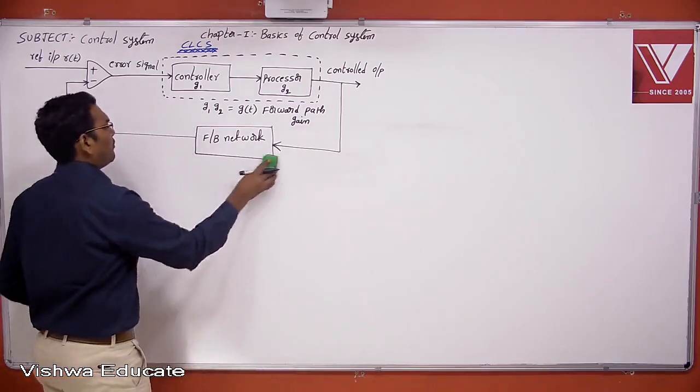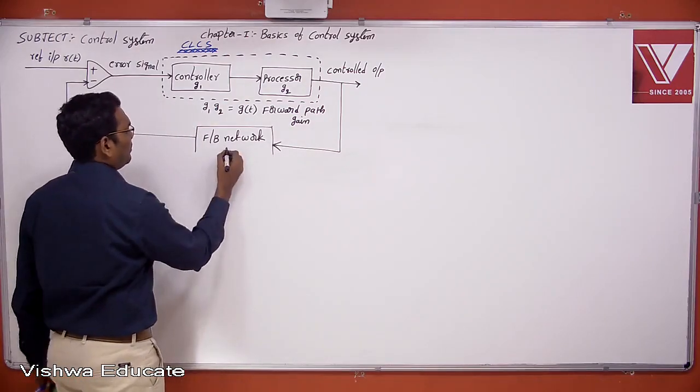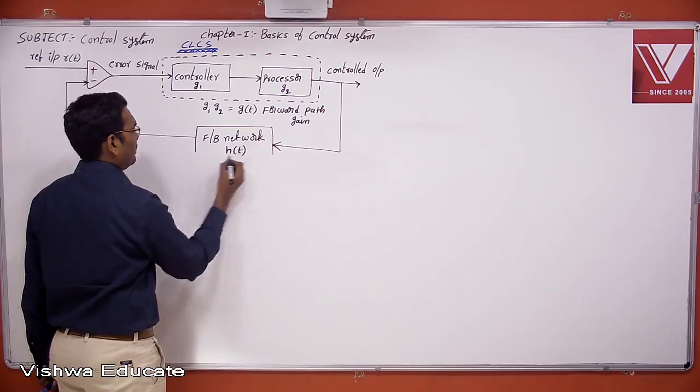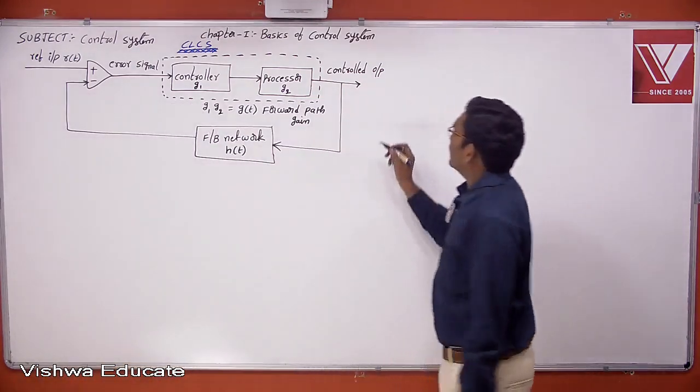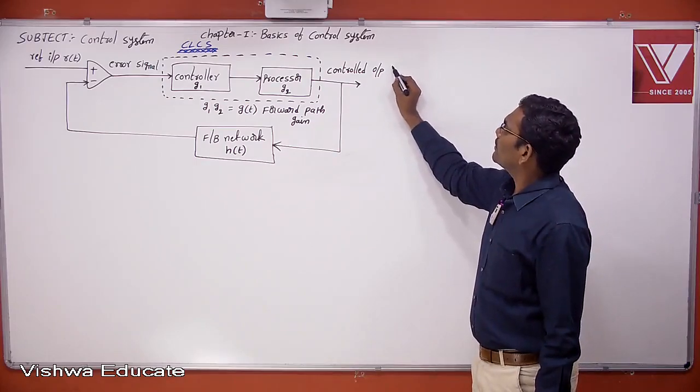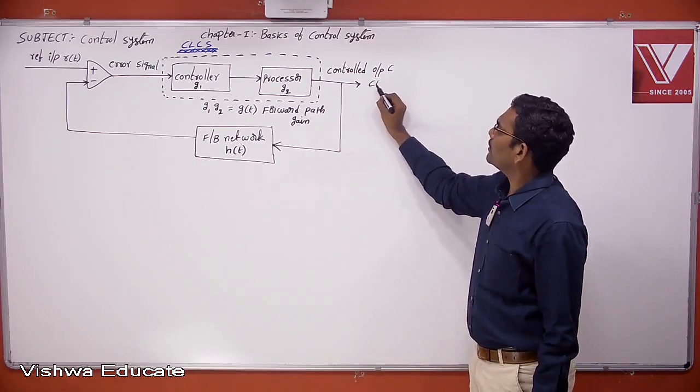And this is the feedback network, and this feedback network also has some gain h of t, and this is the controlled output represented by c of t.